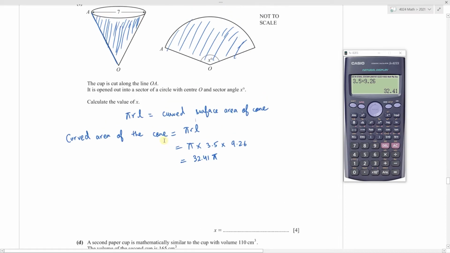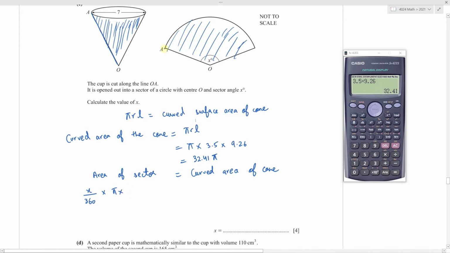So now what's the surface area of this sector? Area of sector is equal to the curved surface area of cone. So what is the area of sector? The formula is the angle, which is x over 360 into pi into r square.